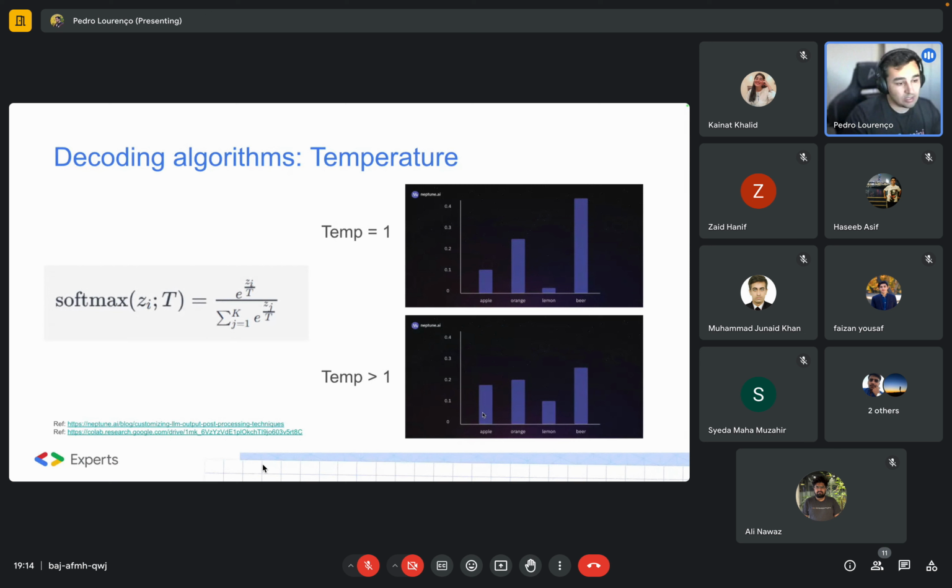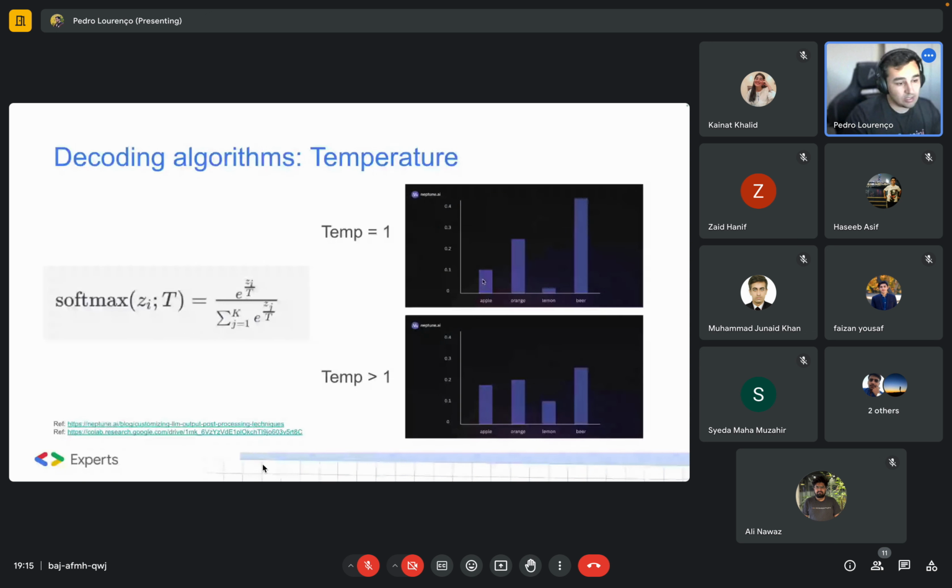And you can do the opposite. If you have a temperature lower than 1, you are increasing the probability of the highly probable tokens. So beer will become much higher, and for example, apple will become smaller. So this is the idea.